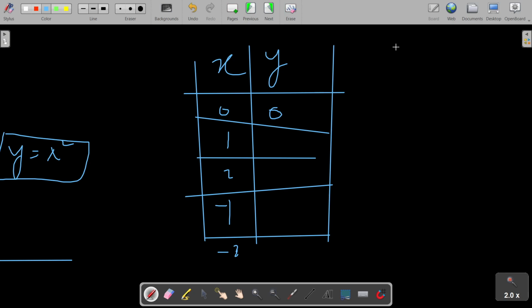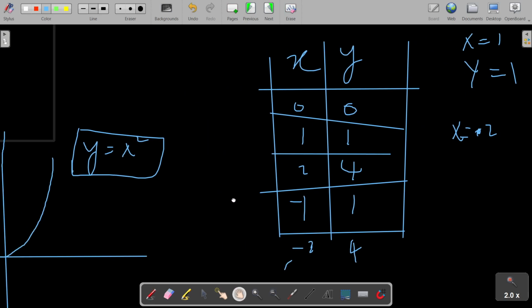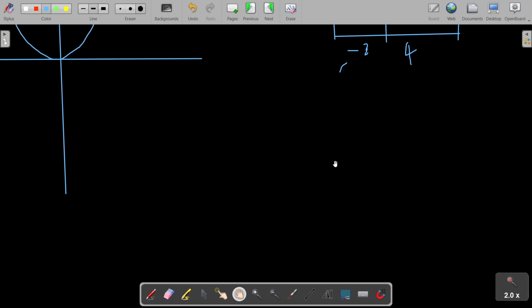If I put x = 1, then y will be 1. If I put x = 2, then y will be 4. If I put x = −1, it is plus 1, and for −2, it is plus 4, because we're dealing with x squared.